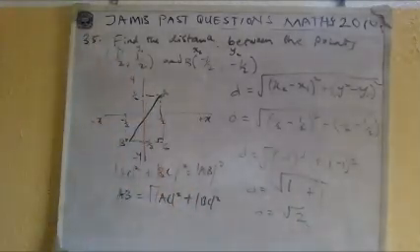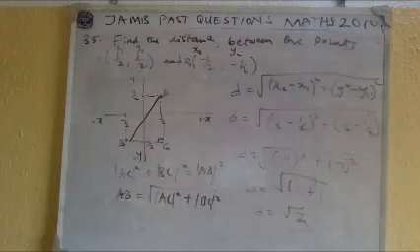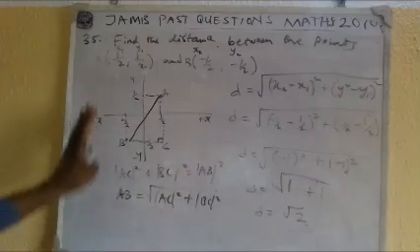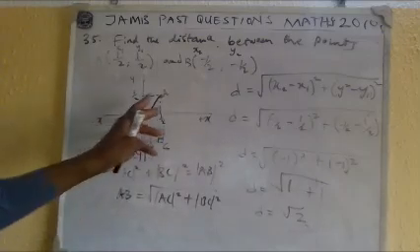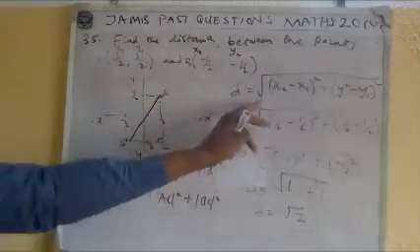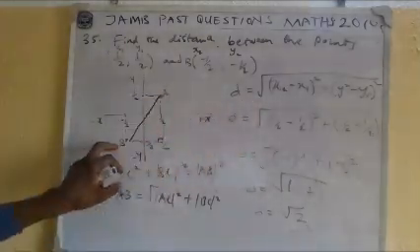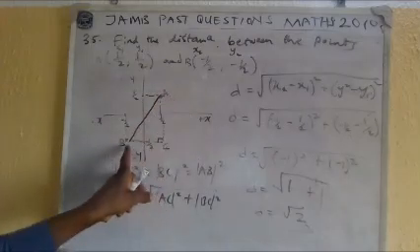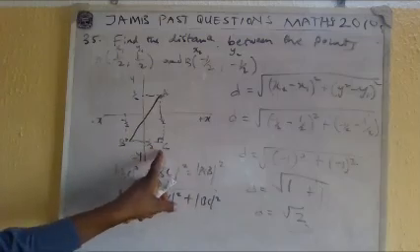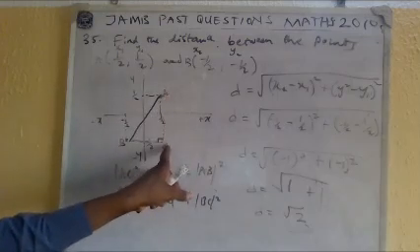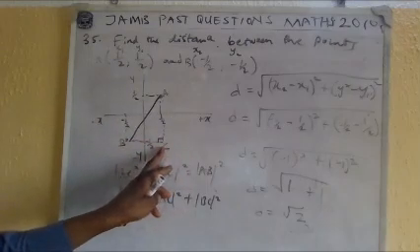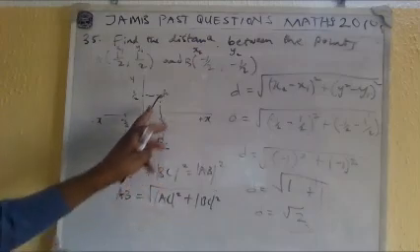That's the answer. By the time you watch the video on this one, you see how it's being derived. But this one is just to tell you that what they did there was the Pythagoras theorem. We are looking for the hypotenuse. So the x difference and the y difference, you understand? You have to find the difference between these two and these two.